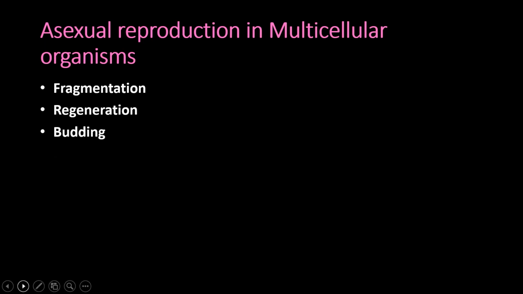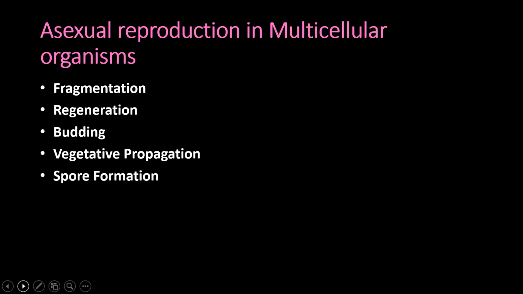Asexual reproduction takes place by fragmentation, regeneration, budding, vegetative propagation, and spore formation.